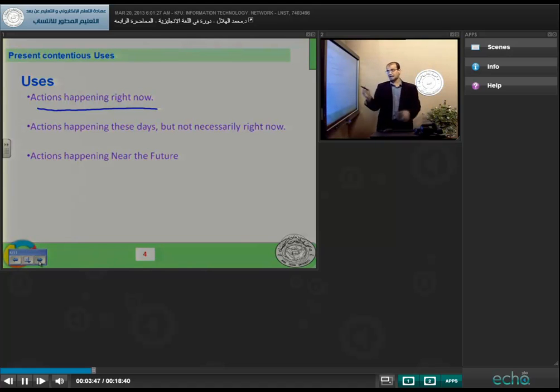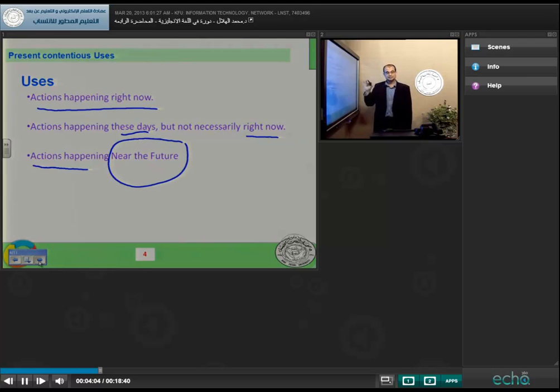Number two, actions happening these days, but not necessarily right now. So it is not necessary that I'm doing the action right now. Number three, it talks about actions happening in the near future. So it talks about actions that express the future in a way or another.